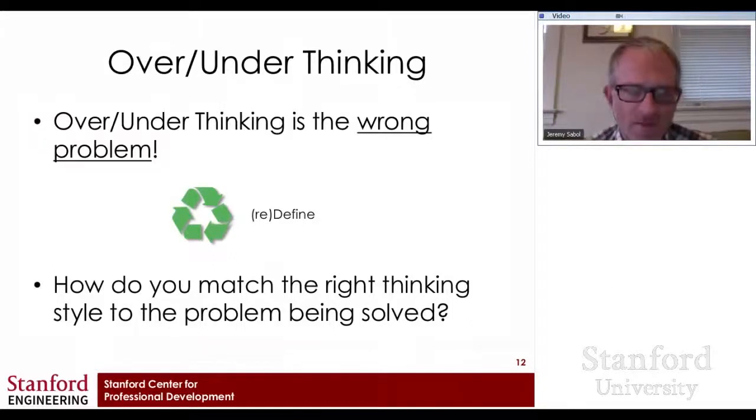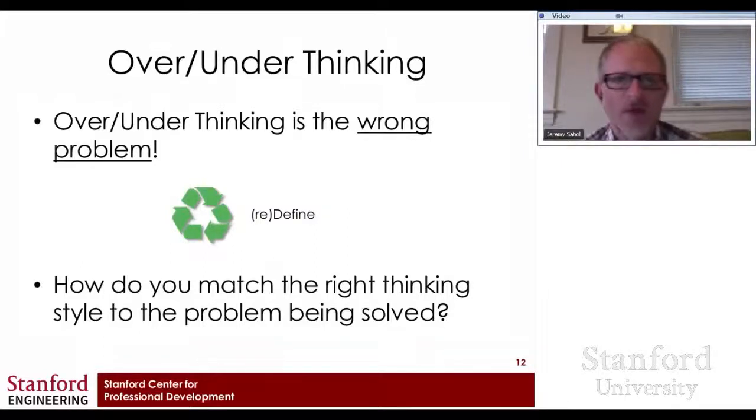So how do we decide then when we're thinking about these? Often when we're talking about design thinking versus strategic thinking, we use this language of over and under thinking as a way of trying to identify what's wrong with a particular technique. But trying to categorize them as over and under thinking is simply the wrong problem.